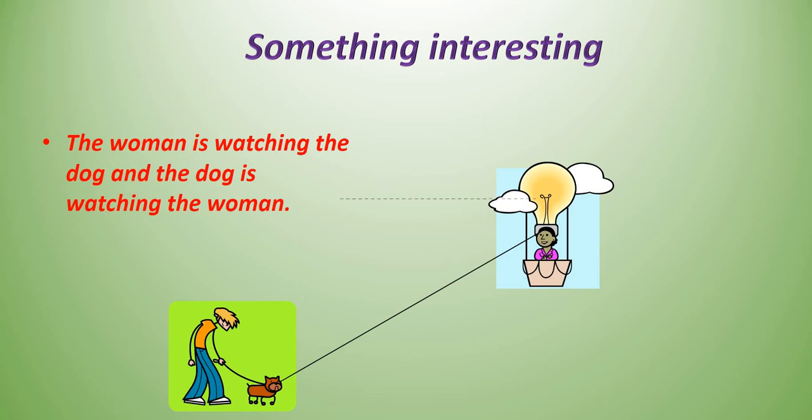The elevation angle is the angle included between the horizontal line and the ray of sight. This is the elevation angle. Theta, that's the horizontal line, and that's the ray of sight.